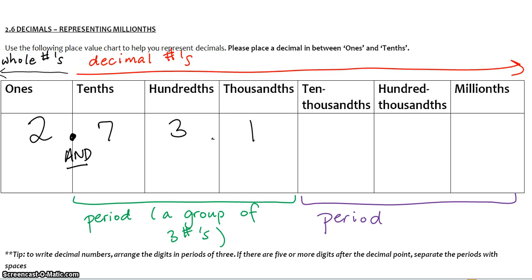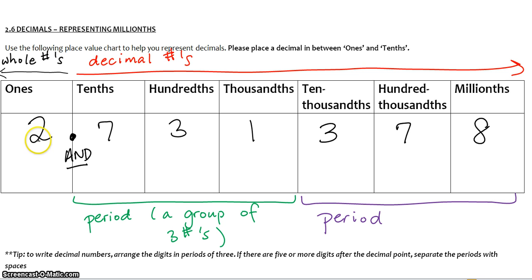Now suppose I extended the decimal here. I'm going to add 3 more digits at the end here. So now we've extended it. It's still read in a similar fashion, except you have another period to tag onto. And remember what I said is that you're always looking at the last digit in the last place value it occupies.